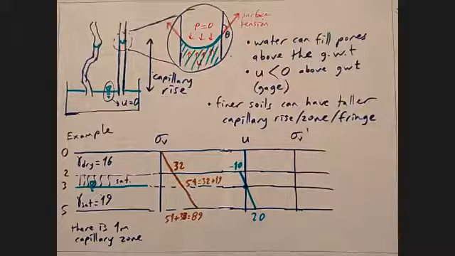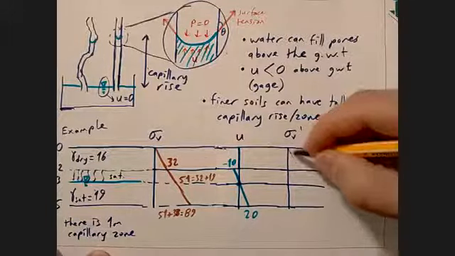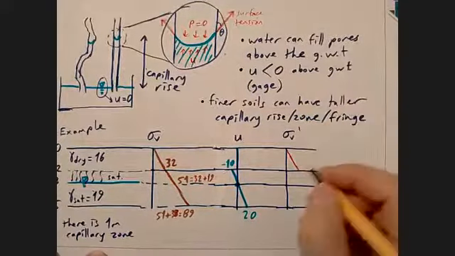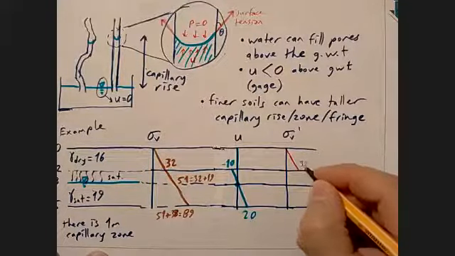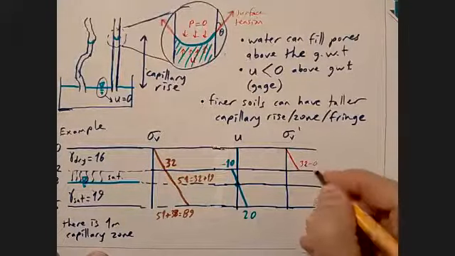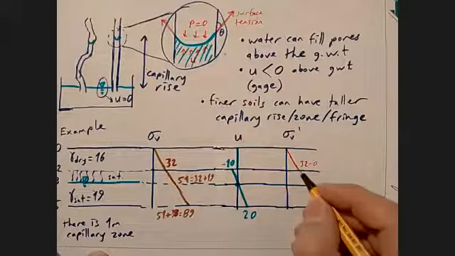And where does that bring us with the effective stresses? It brings us here. So I'm going to go like this. Up here it is 32 minus 0. And then we'll go through this air-water interface.